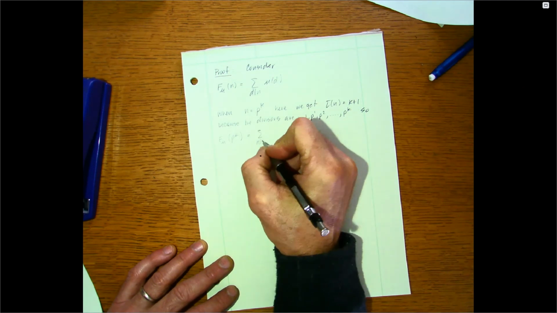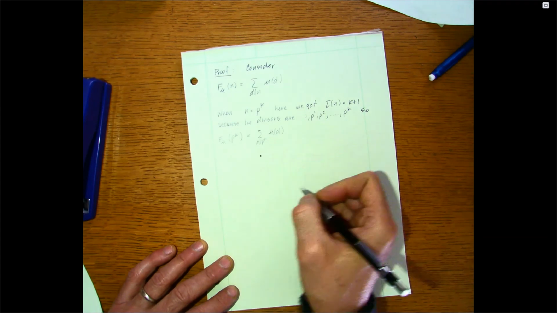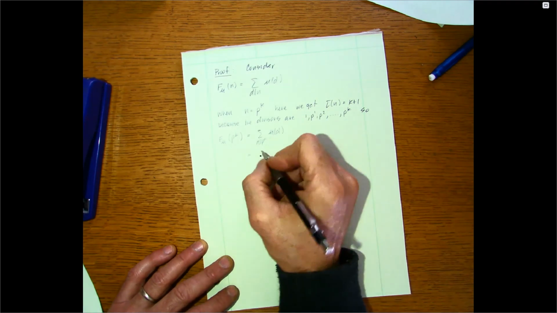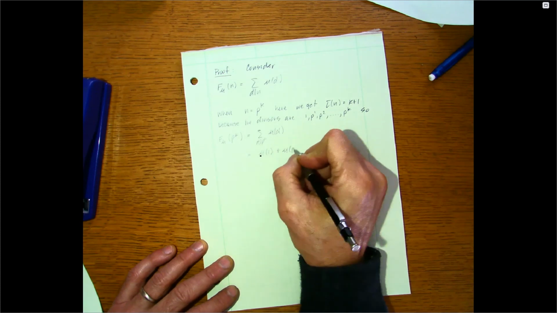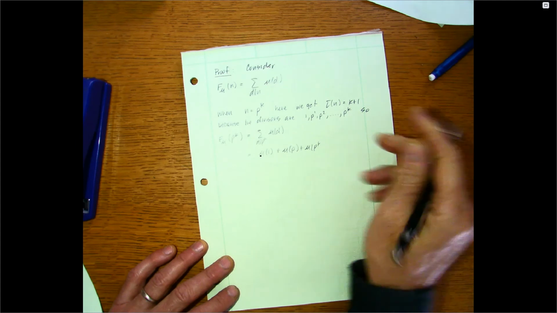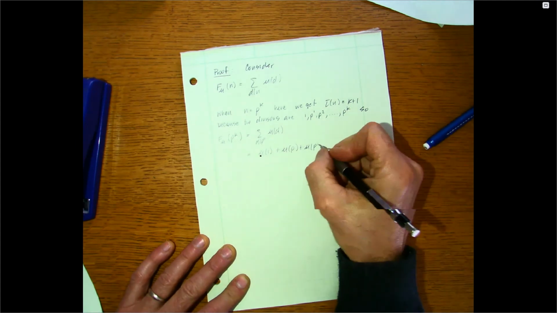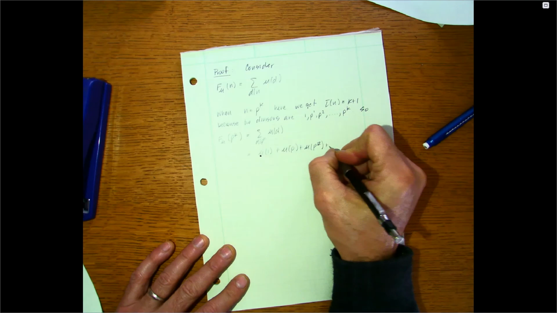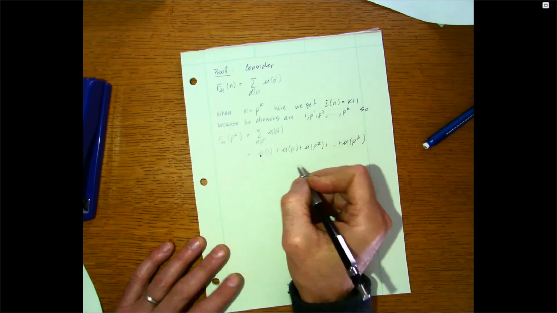All the divisors of p to the k, of mu evaluated at those divisors, which will be mu of 1 plus mu of p plus mu of p to the second plus all the way up to mu of p to the k, right?